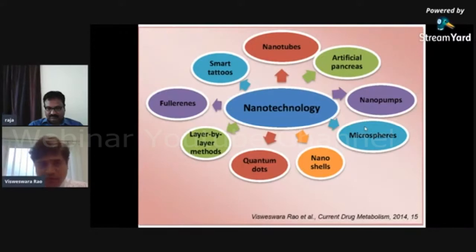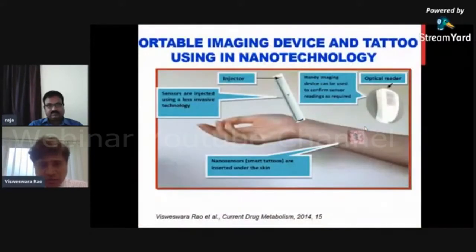Even for smart tattoos, if you observe the next picture, this is what I hypothesized. I was just thinking of a particular object and then prepared this. Now we have smartwatches everywhere, and in most advanced countries the young generation uses smartwatches to monitor their sleep or their metabolic rates.